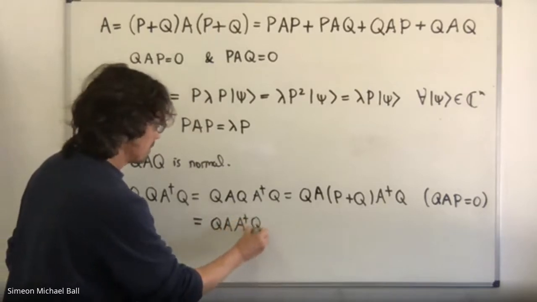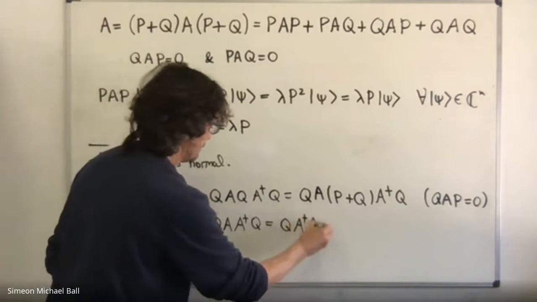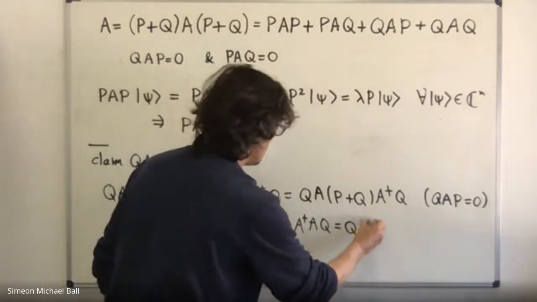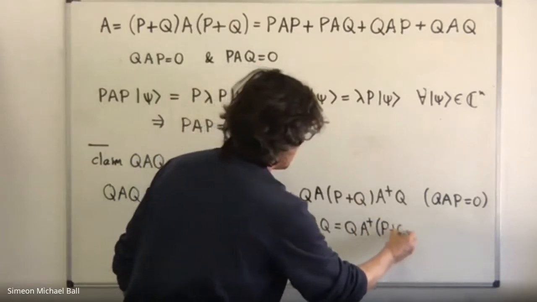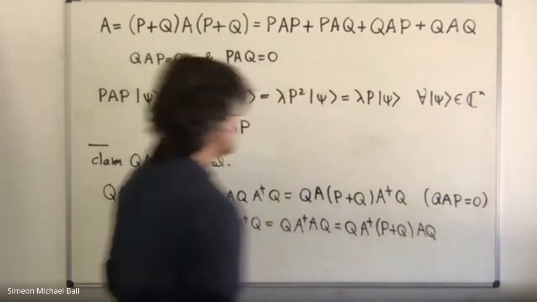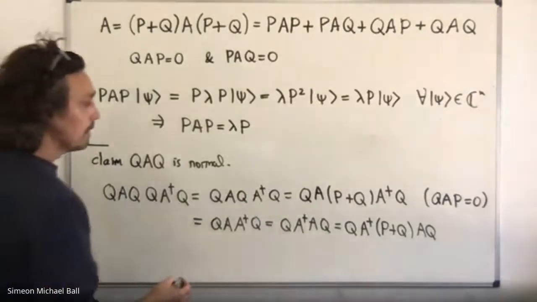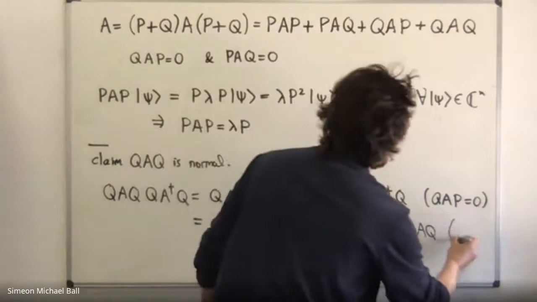A is normal, and now we have to go back the other way. So now we just do Q. And PAQ is 0 implies this is 0. In fact, that's what we proved was 0.